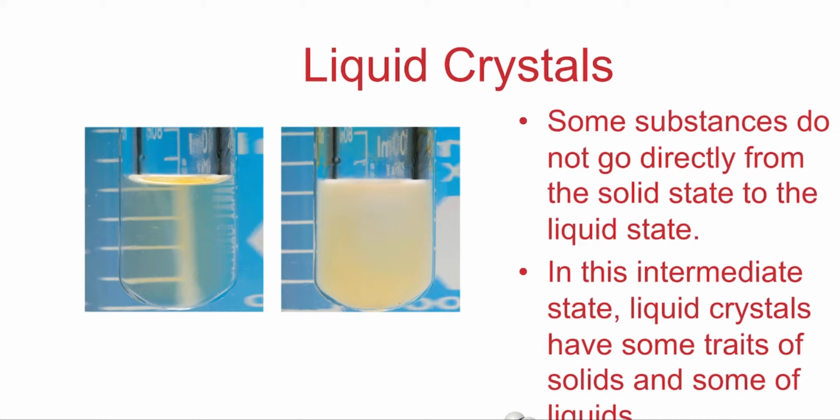Okay, so this picture here is one of the first materials that they isolated that has this property. It melts at 145 degrees. Okay, so it melts from solid to liquid. So it is a liquid, but between 145 and 179, you get a kind of milky characteristic. That's on the right.